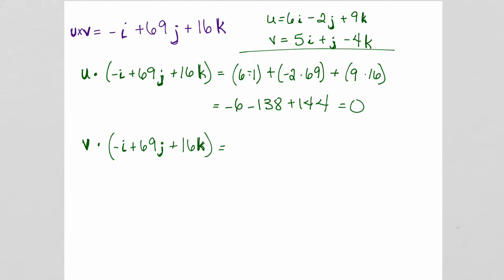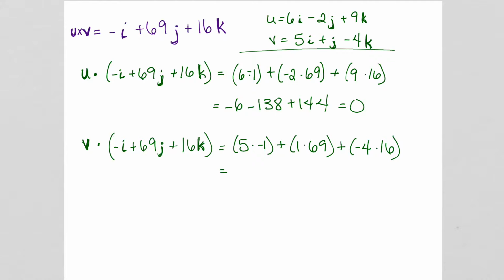I'm just showing you how to check in case you are asked to test for these being orthogonal. So let's see, we've got 5 times negative 1 plus 1 times 69 plus negative 4 times 16.